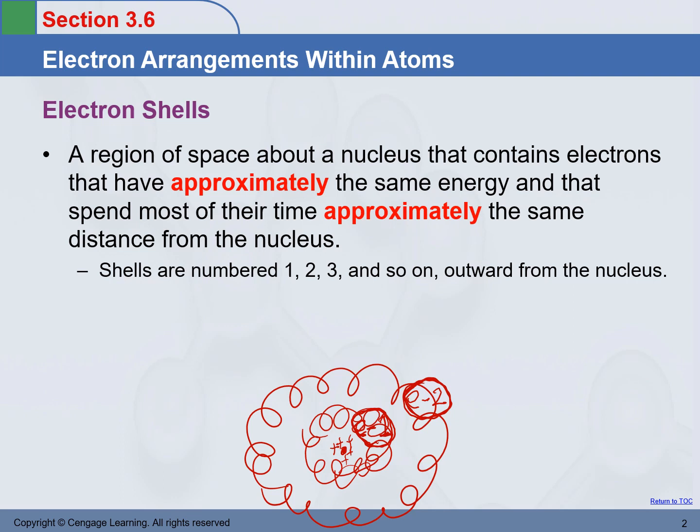If that's the case, let me ask you a question. Compare electron number 1 and electron number 2: which one feels more attraction from the nucleus? Of course, electron number 1. We know that electron number 1 is closer to the nucleus, so it feels more attraction from the nucleus.